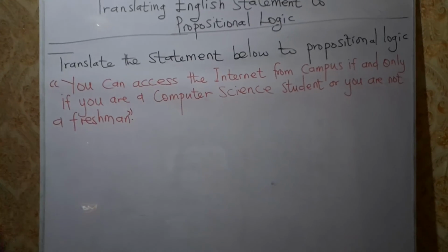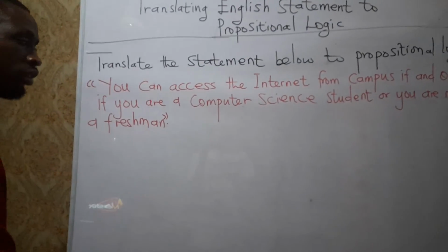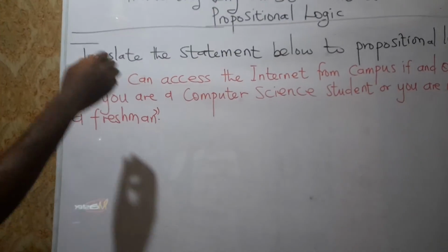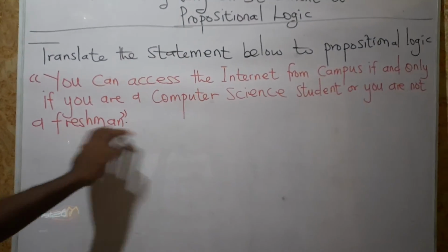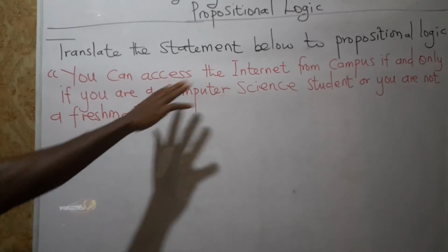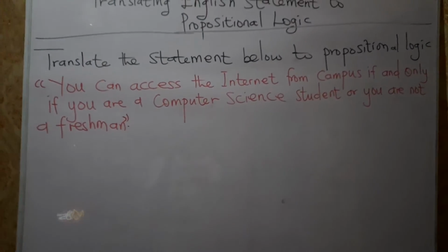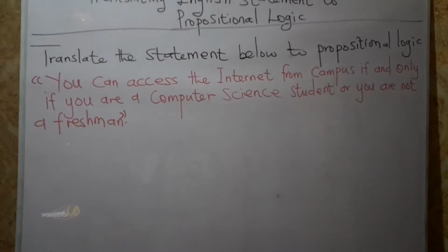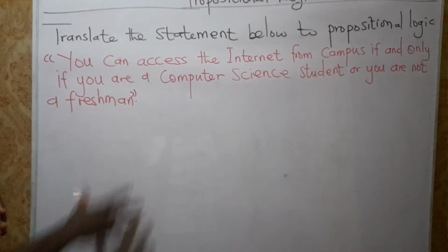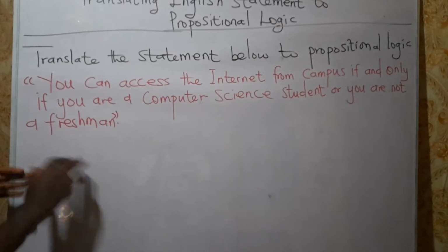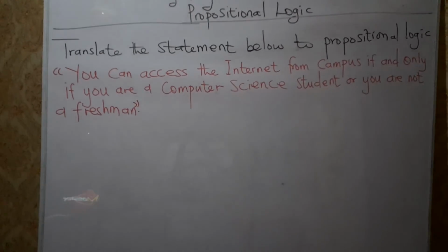Fresh students in the university are known as the level 100 students, or the freshmen who come to school.